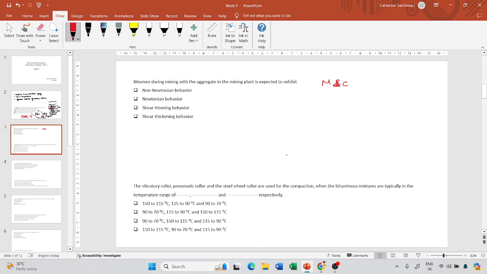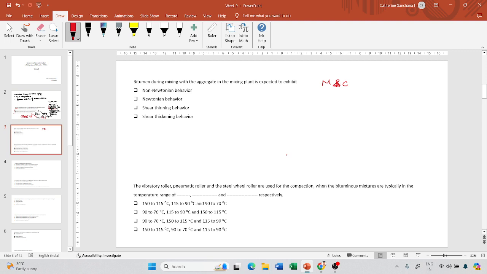Because its viscosity is high at lower temperatures, for it to have lubricity it has to be heated. Only then will its viscosity decrease and will it be able to evenly coat the aggregates.